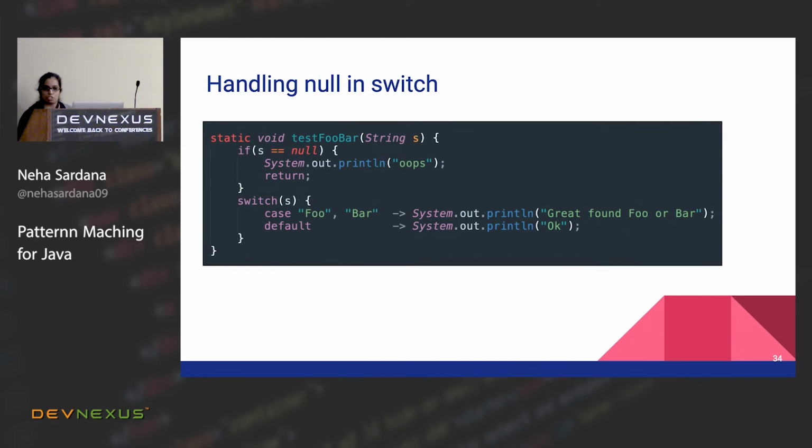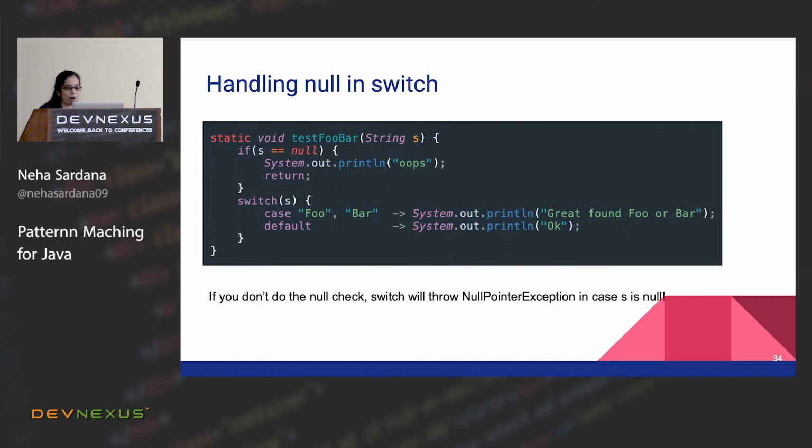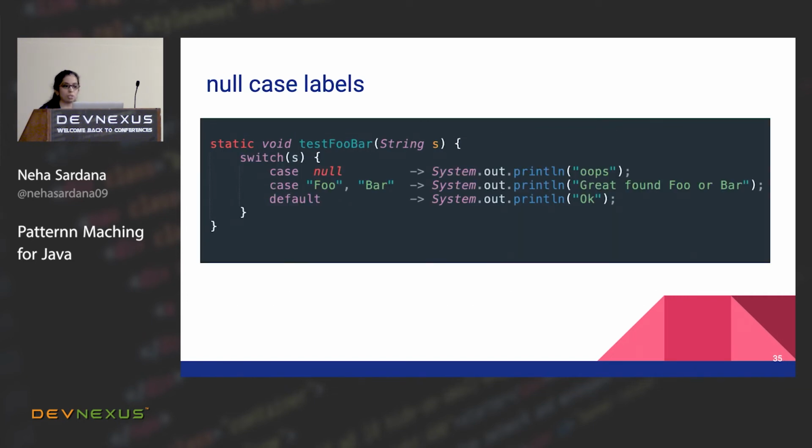Handling null and switch. I have written this code before because switch was never good at handling null, and you always hit null pointer exceptions. So you have to have an if condition to check for null. If it's null, you just don't want to get into the switch because it will throw a null pointer exception. So now you have a switch null case label, which is very cool.